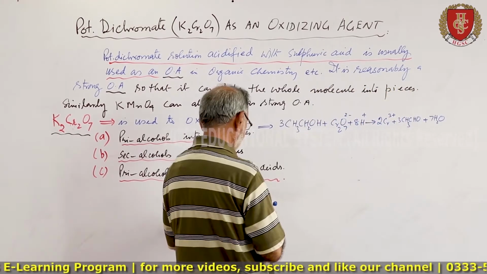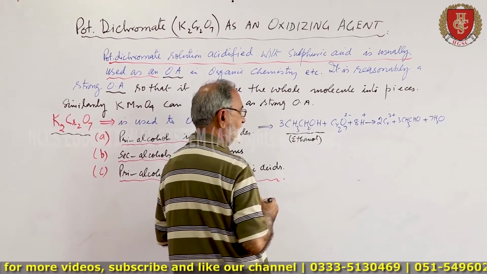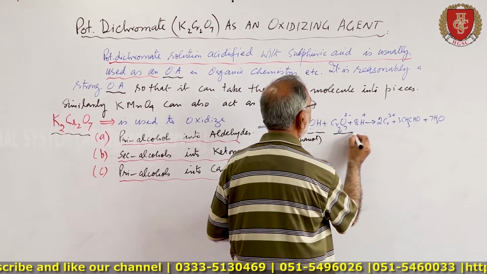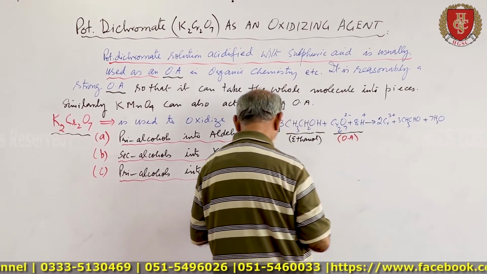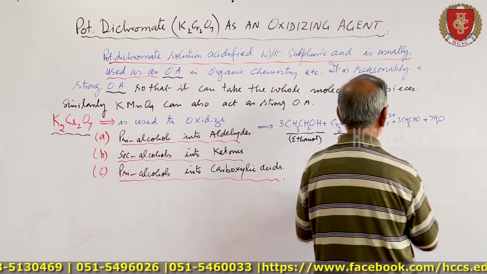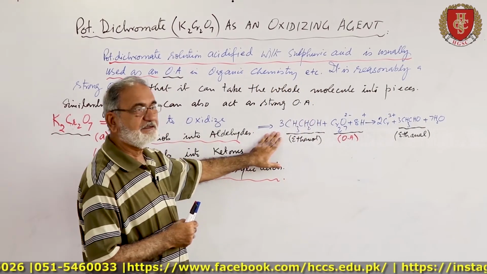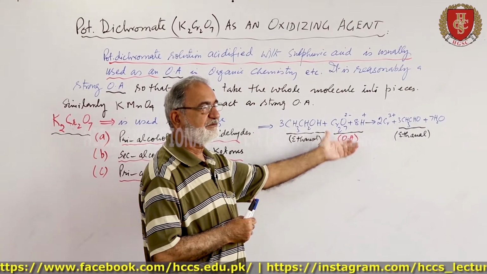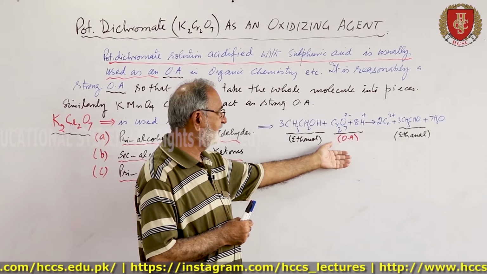Now when ethanol is treated with potassium dichromate, this is basically the oxidizing agent. So when ethyl alcohol or ethanol is treated with acidified potassium dichromate, this is in fact our oxidizing agent.